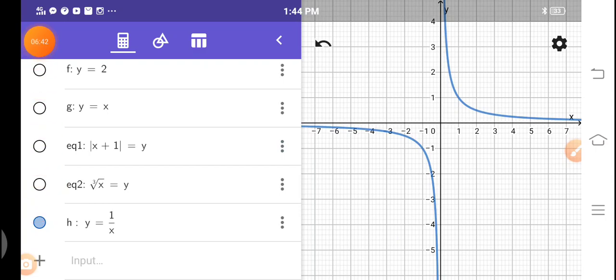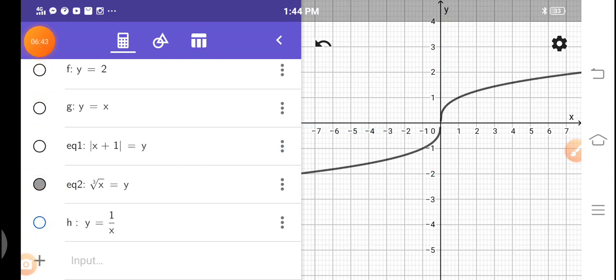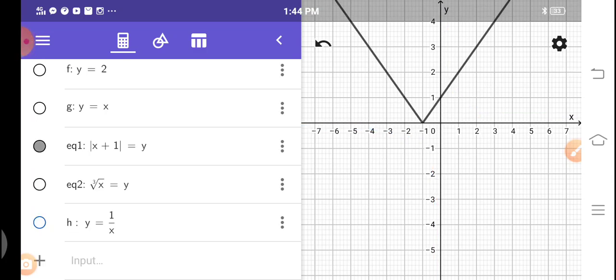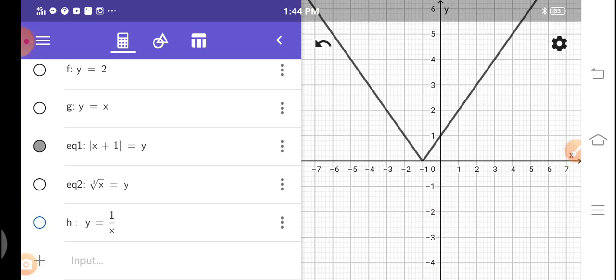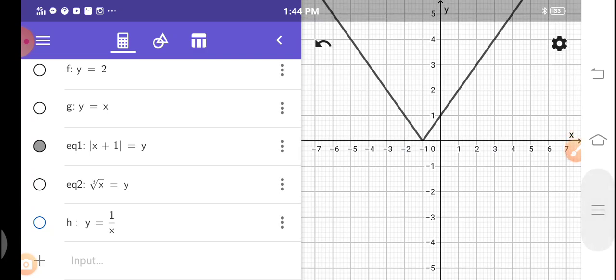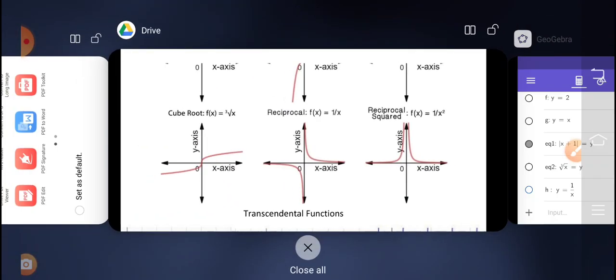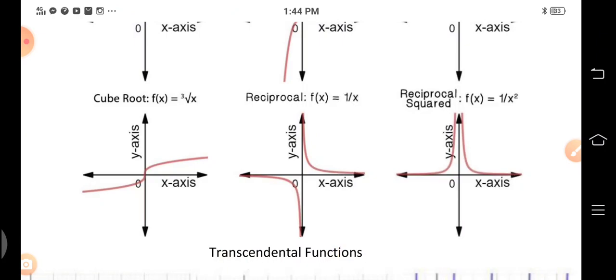We have cube root function. We have absolute value function. What else? We also have reciprocal squared function.